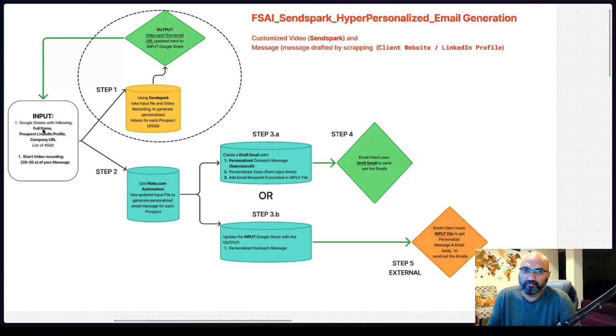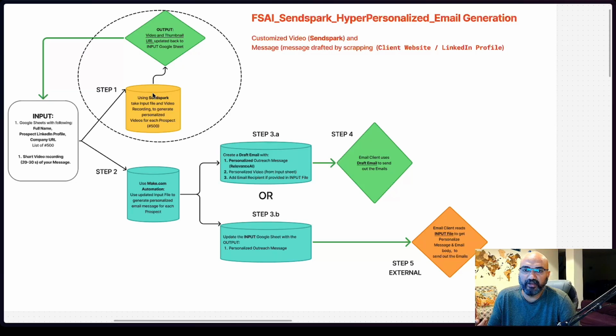So the input is an input contact sheet, which could be a Google Sheet or an Airtable, but it basically has the name, the LinkedIn profile, the company URL, and any other details. The first part, step one, is where we're generating those video messages using Sendspark.